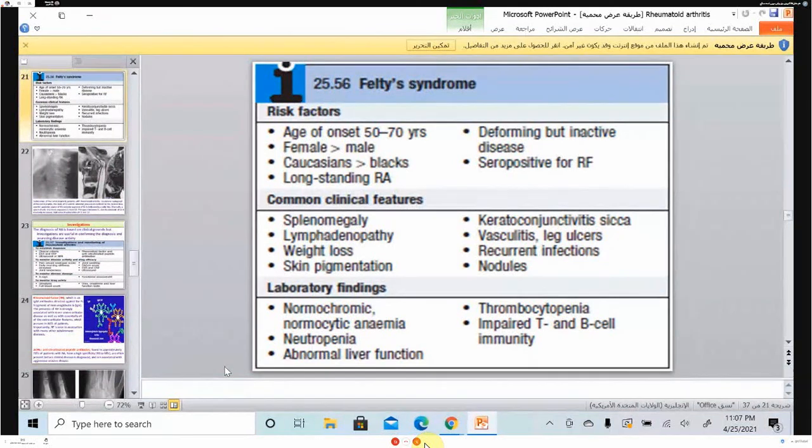Disease. We see here that despite it being deforming, it is inactive. Okay, there are no active symptoms, but still it is deforming.